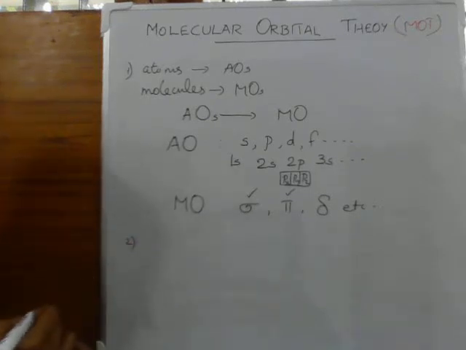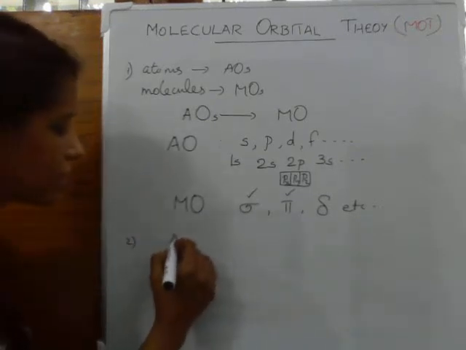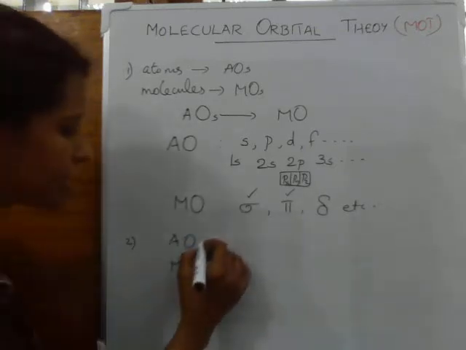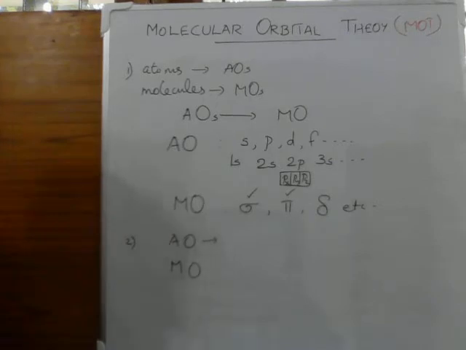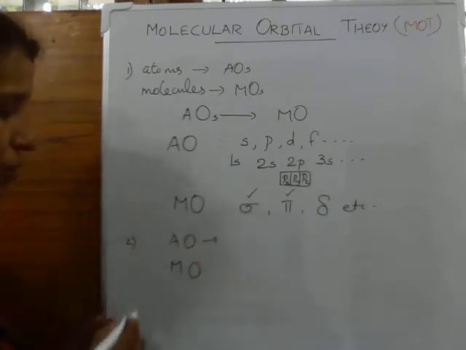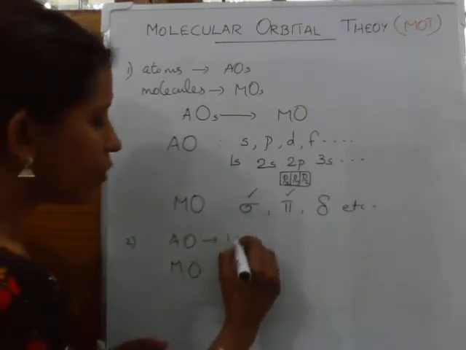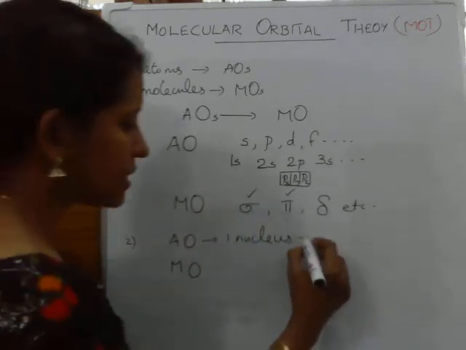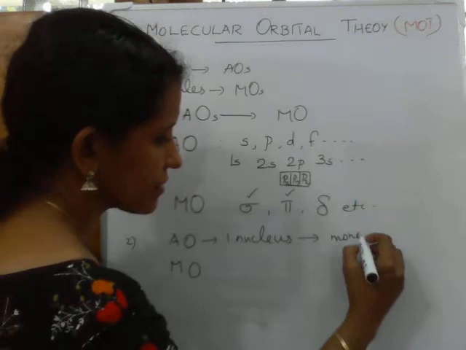When we compare atomic orbitals and molecular orbitals, an atomic orbital contains only one nucleus. The electron in an atomic orbital is influenced by one nucleus because the atom contains only one nucleus. Hence, it is said to be monocentric.